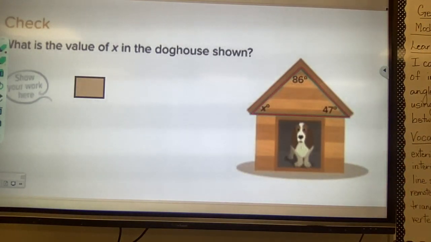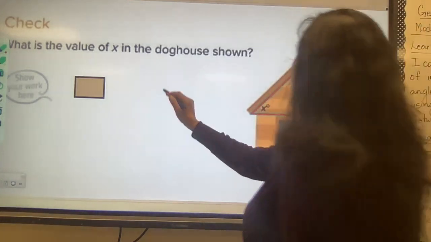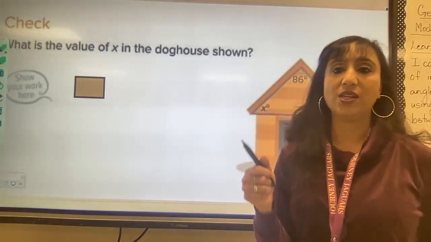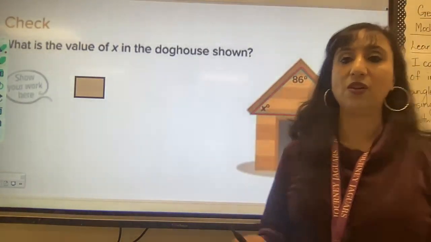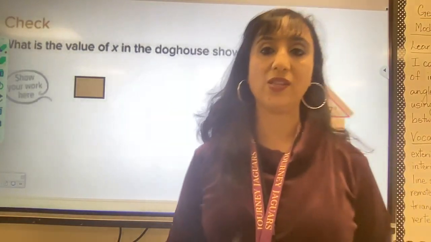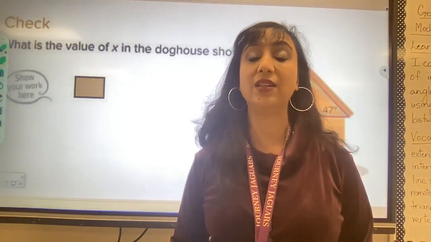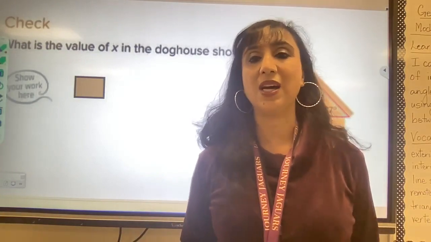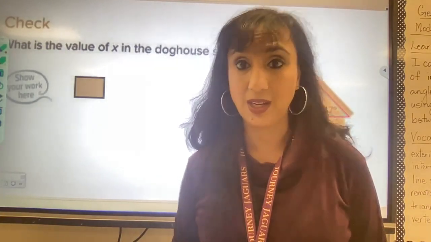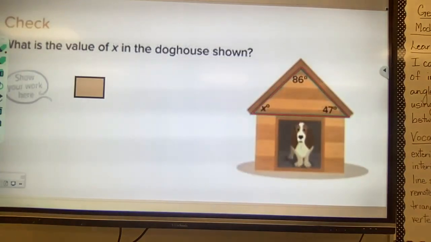And what is the value of x? Please don't just automatically go by the shape. If it looks like an equilateral triangle or isosceles triangle or scalene triangle, you still need to do the calculations, because sometimes figures are not drawn to scale. Okay? So I just want you to be aware of that.